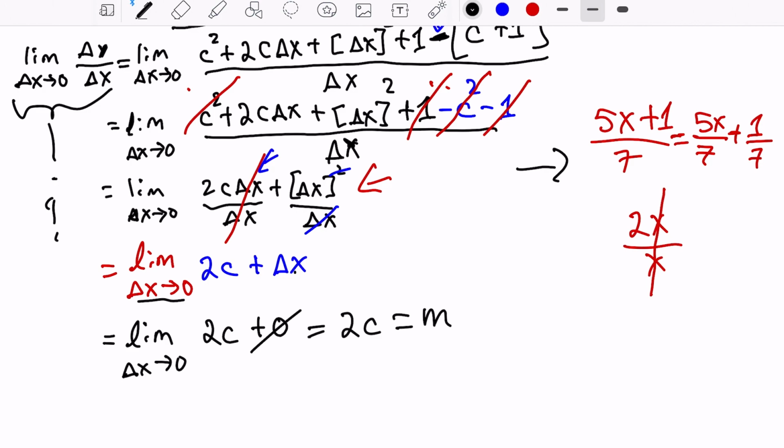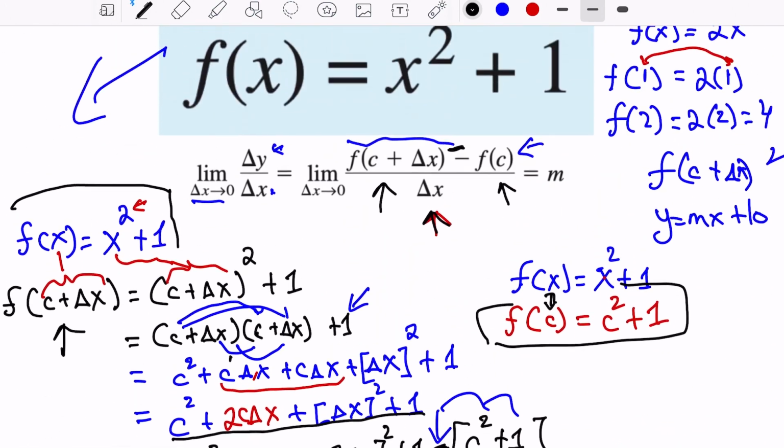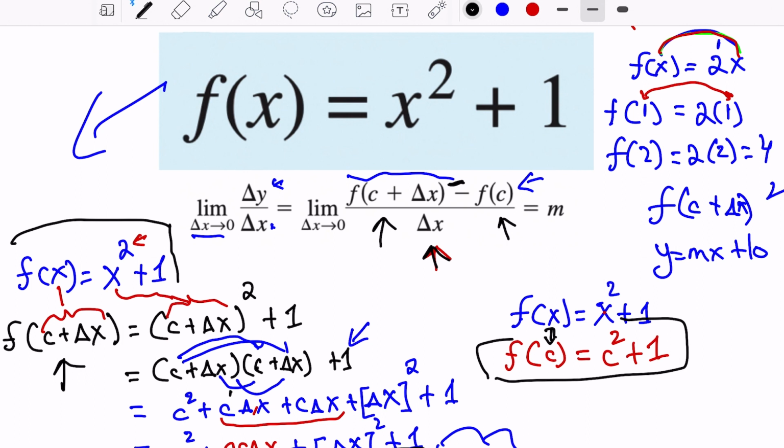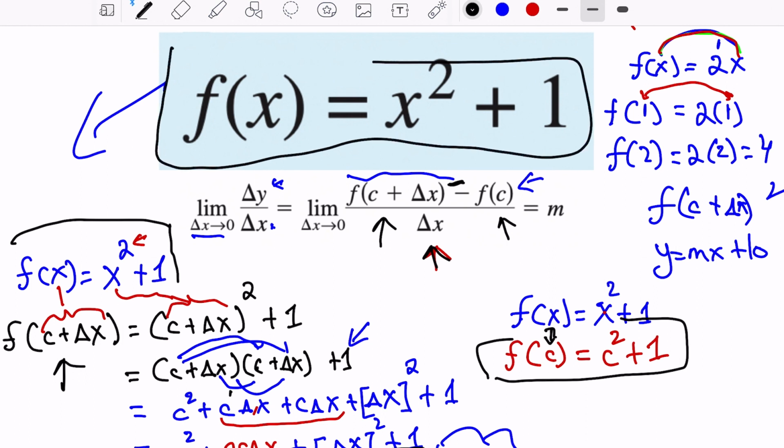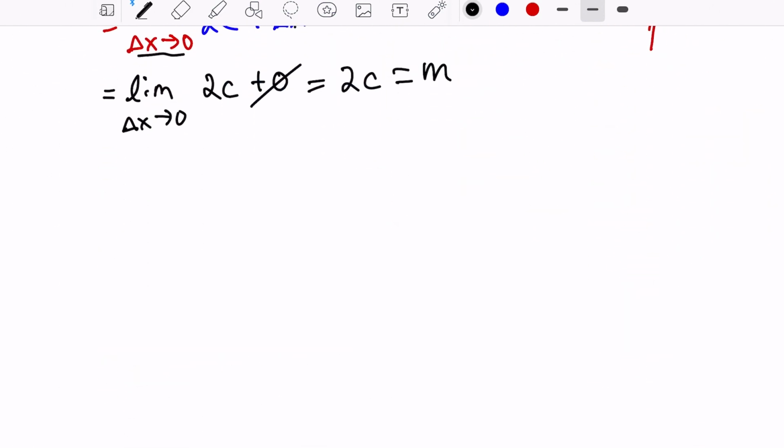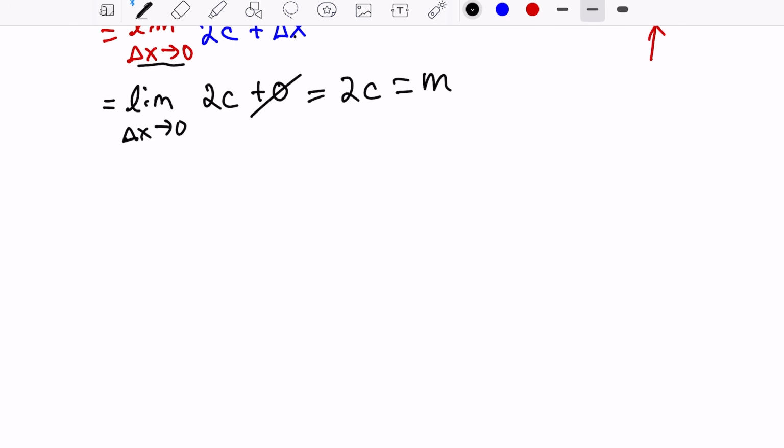Now, if you recall, my initial equation is f of x equal to x squared plus 1. But if I'm asked to find an actual point, for instance, find the actual equation y equals mx plus b, I can say at point, let's make it simple, 0, 1.